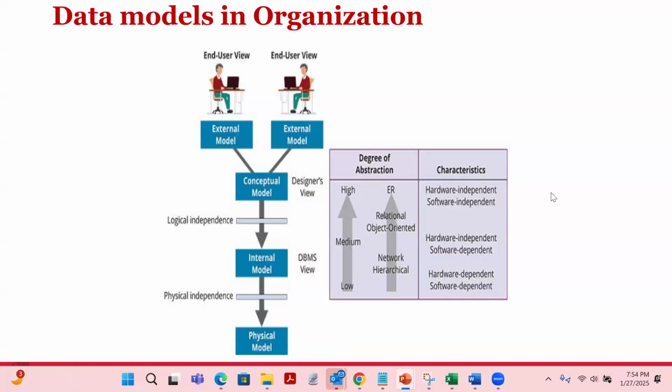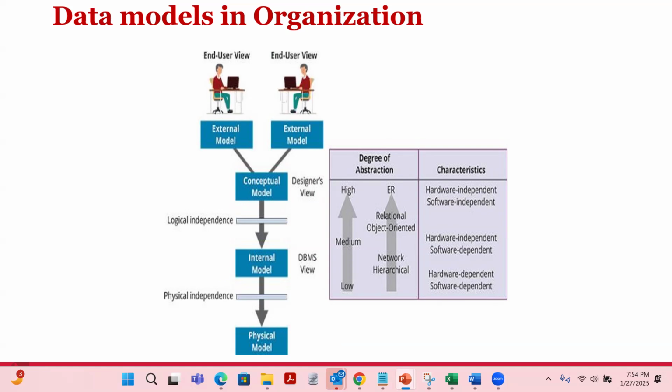So we are talking here about the external data model that is used by end users. The conceptual model is a view where database designers live. So all the design concepts and the main data model are developed at the conceptual model level.